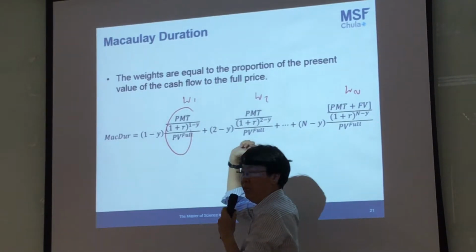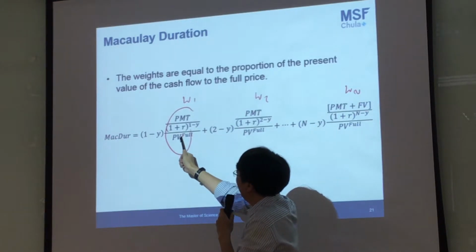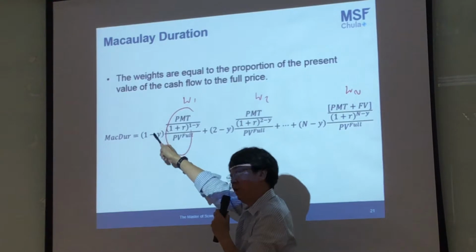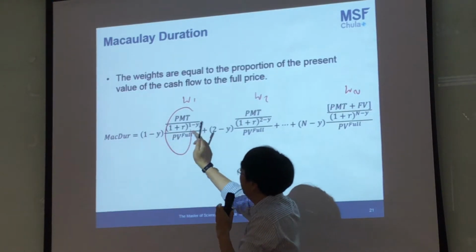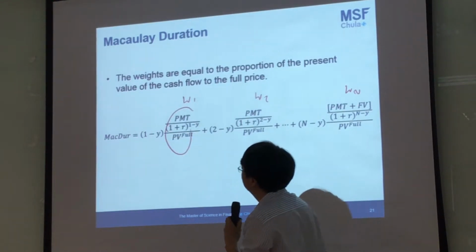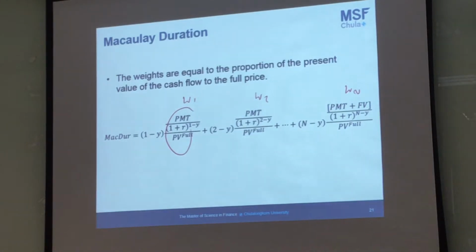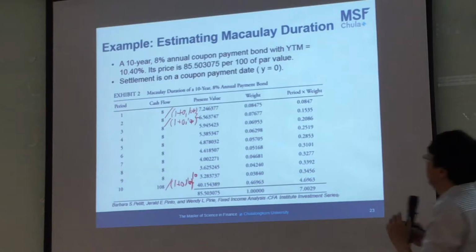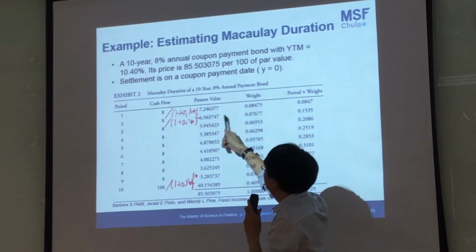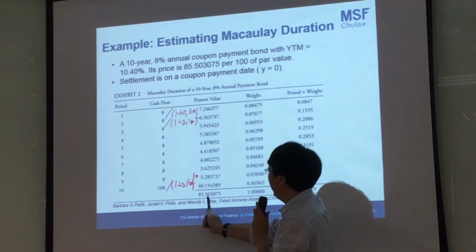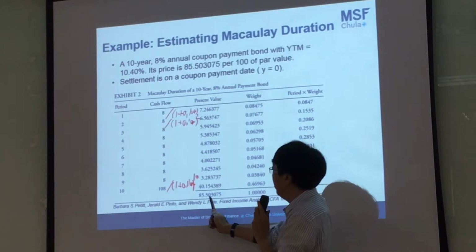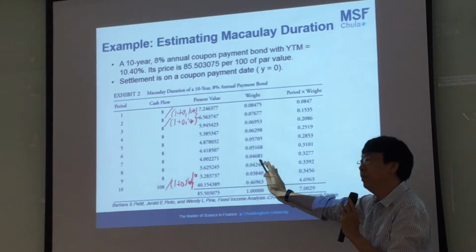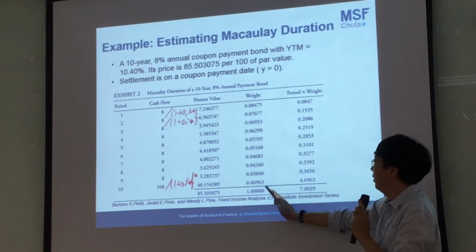Right now in the table it divides by the price first, but you can also multiply with the period and then divide by the price later. You get the weight of the cash flow received from this bond.